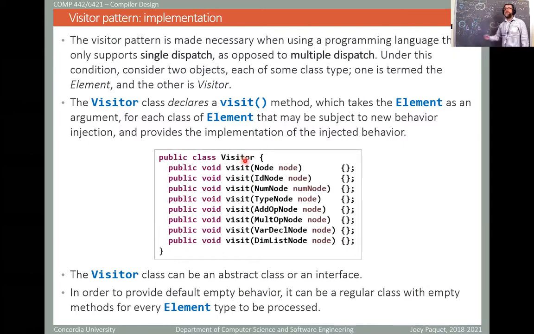Essentially, for the visitor class, I'm going to have one visit function for each of the different subkinds of nodes that I may ever want a semantic action for. So you might as well have one visit function for all of your node types in the superclass visitor, so that when you create a subclass, you pick and choose those that have some behavior to implement as a semantic action for the concrete visitor you are now implementing.